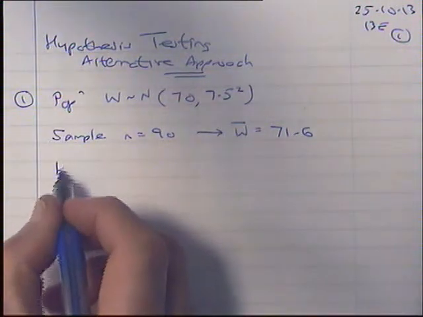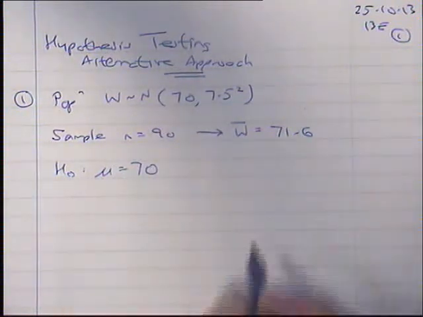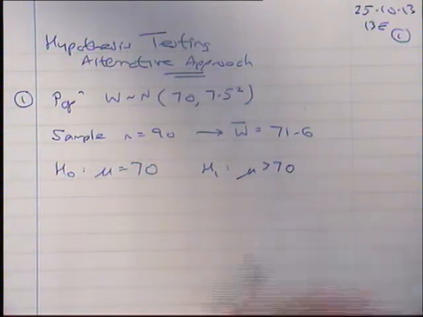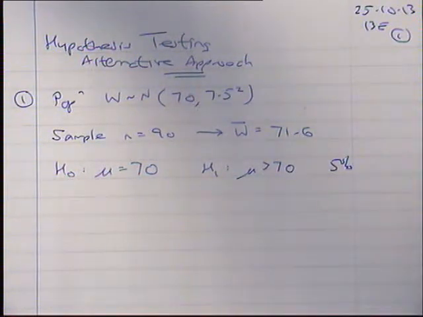kilograms. And we were testing a null hypothesis that mu was still equal to 70 as always, against an alternative hypothesis that the weight had increased and was now greater than 70, and we were doing it at 5%. So that's a summary of example 1 from before, and I suggest you just write those summary details down now.